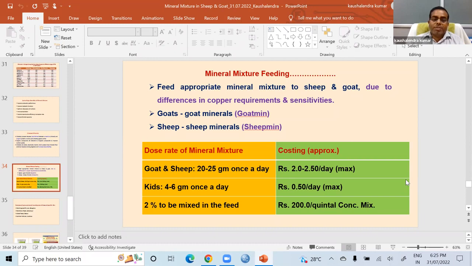The dosage rate of mineral mixture for sheep and goat is 20 to 25 gram per day. In case of kids, 4 to 6 gram once a day. When we prepare the concentrate mixture, it will be 2%, which shall be mixed in the concentrate mixture for getting optimum mineral concentration.